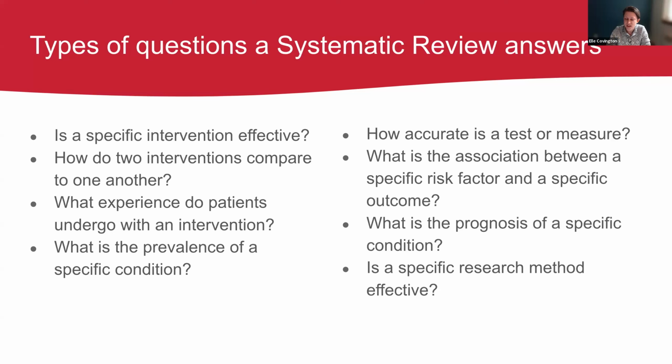Association between risk factor and outcome, prognosis of a condition, is a research method effective? So these are the types of questions. You'll notice that they are very narrow, very specific questions, because when you're trying to look at literally all of the literature on this, you need something that's very narrow in scope, as opposed to some of the other types of reviews that we'll talk about in a minute.